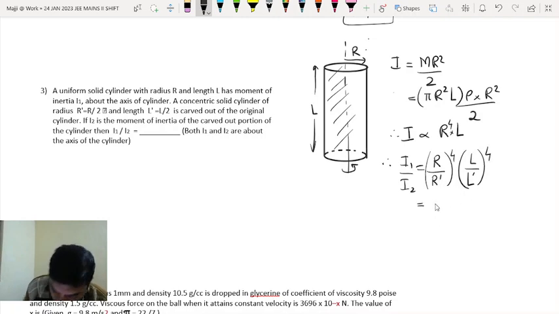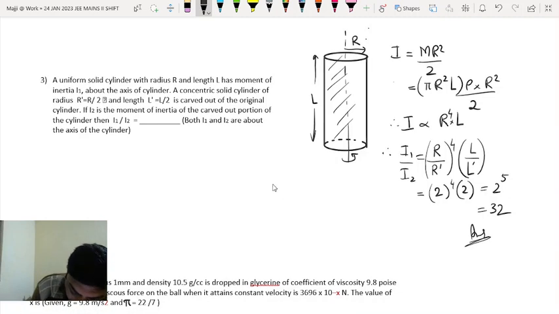So this will be 2, and this will also be 2. So this is 2 power 5, that is 32. So 32 is the answer.